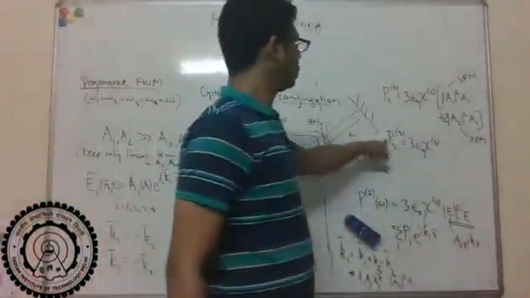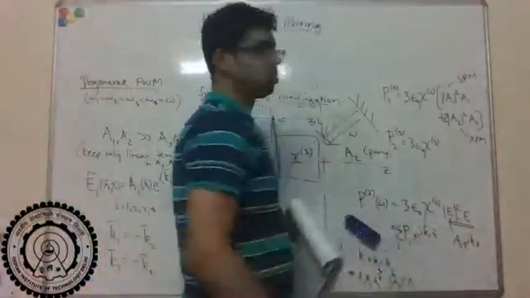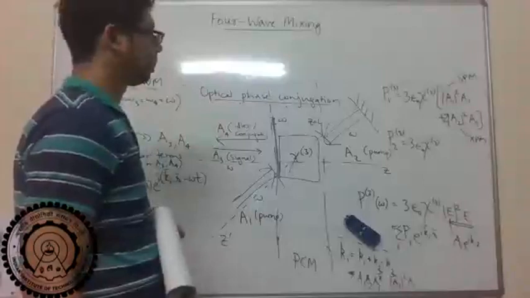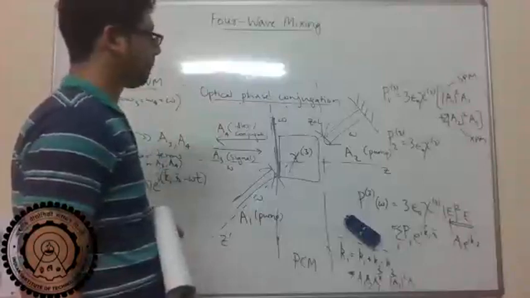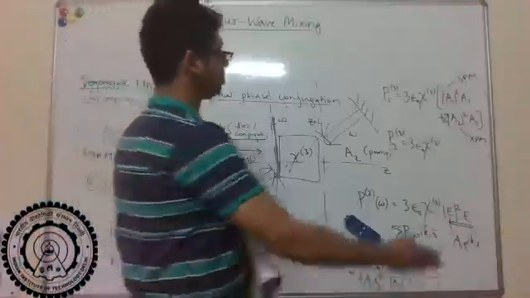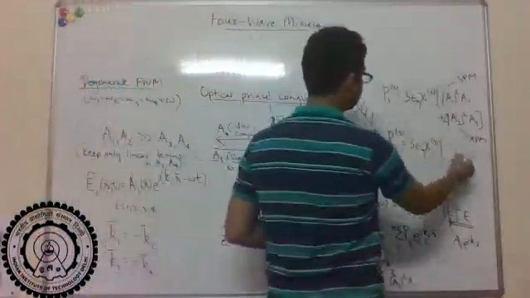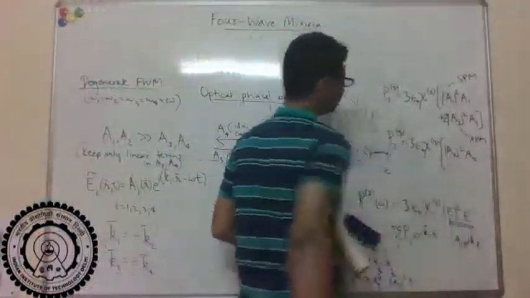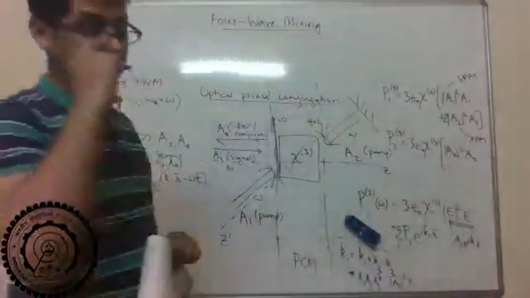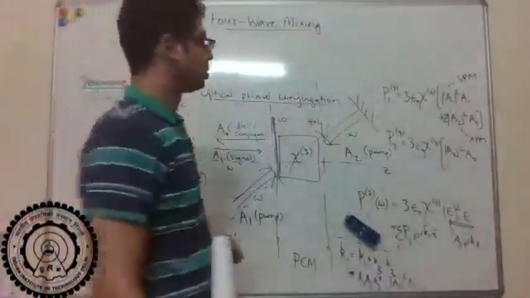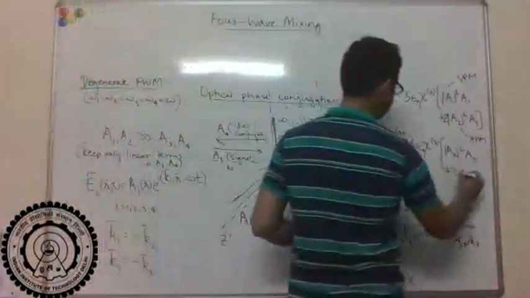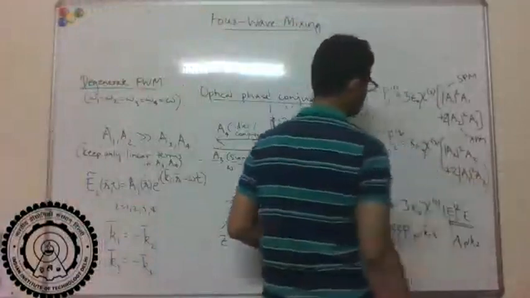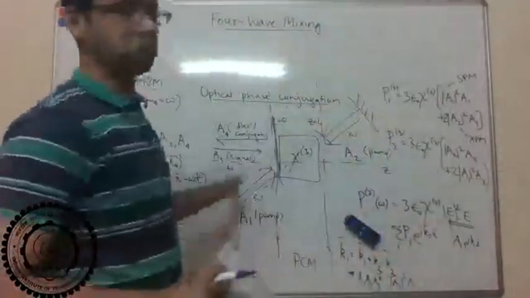What terms will I get for P2? You just replace 1 by 2, right? It's the same thing. So mod A2 square A2. That's the self-phase modulation for beam 2. And then 2 times mod A1 square A2. That's the cross-phase modulation from 1 on 2.